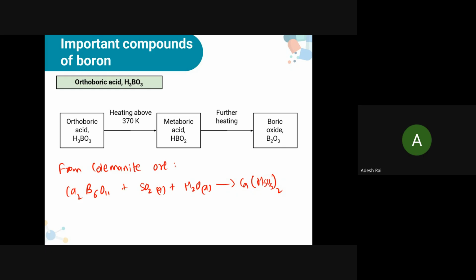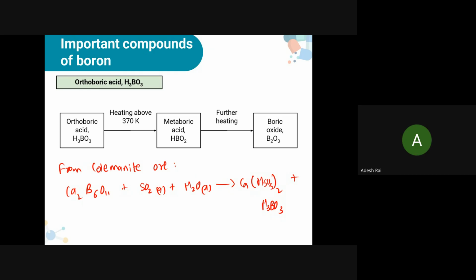SO4 is sulfate, SO3 is sulfite. So HSO3 is bisulfite. Calcium bisulfite is formed. Along with that, we get H3BO3. So this is also one of the methods of preparation of boric acid.